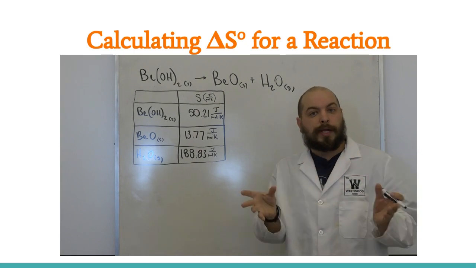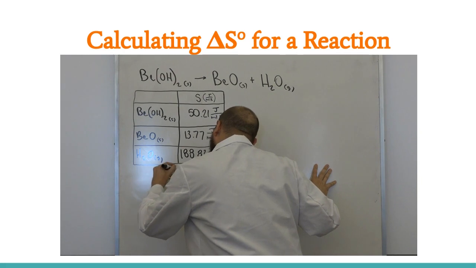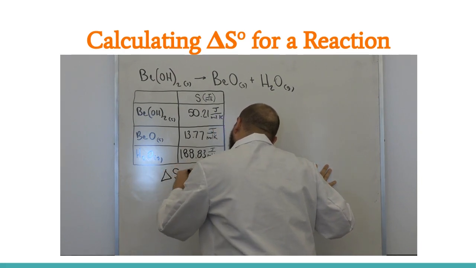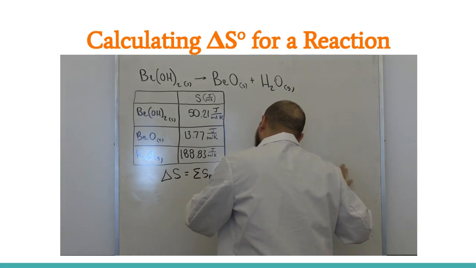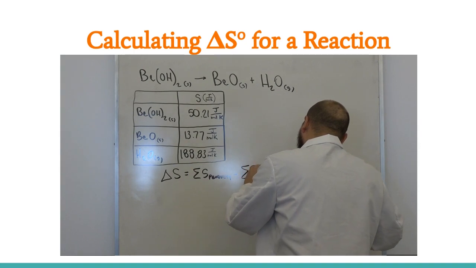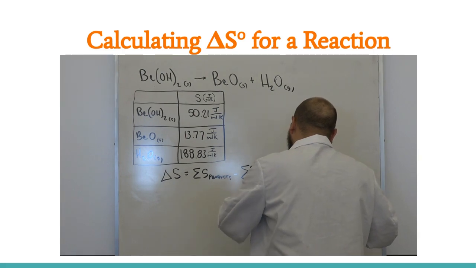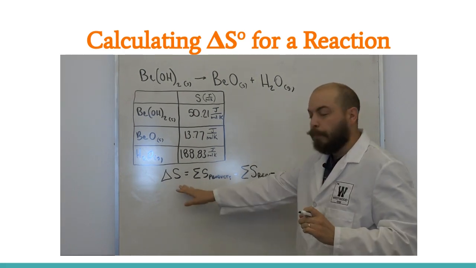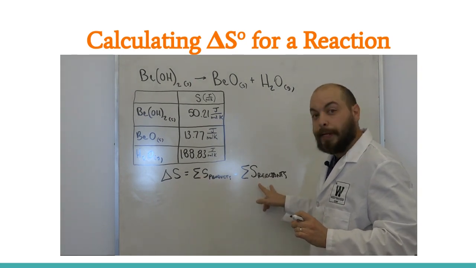So what I'm going to do is first write this given that format. So delta S, sum of products, sum of reactants.